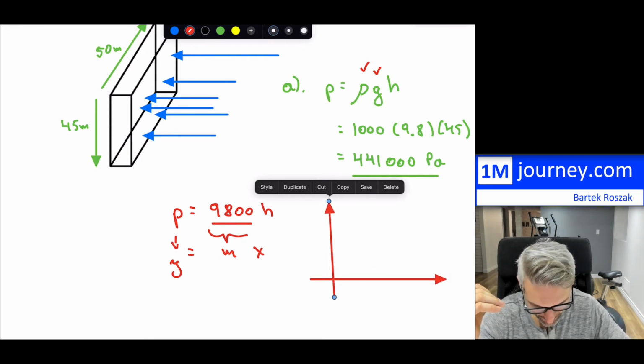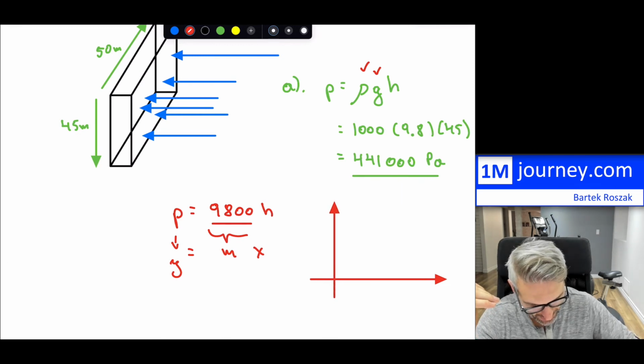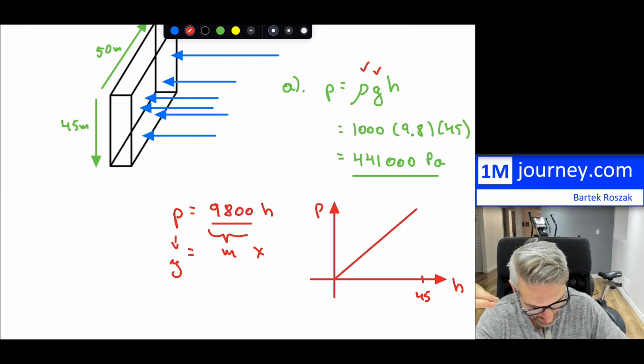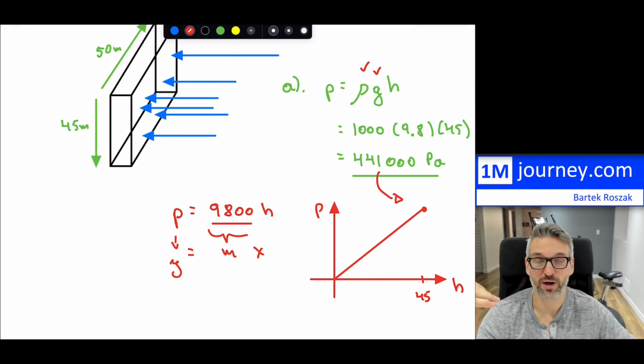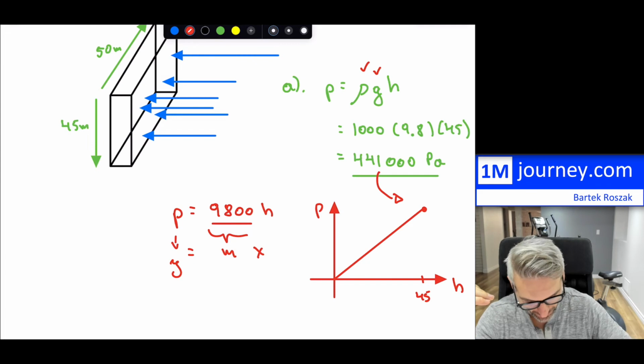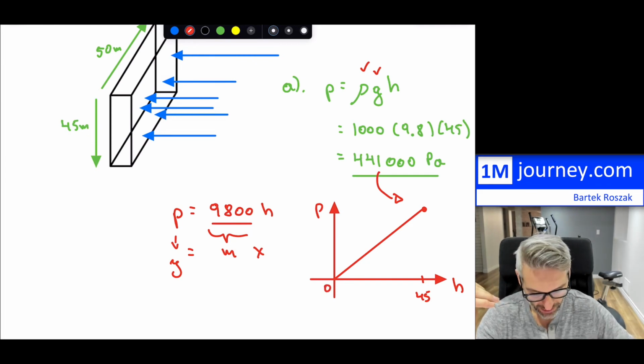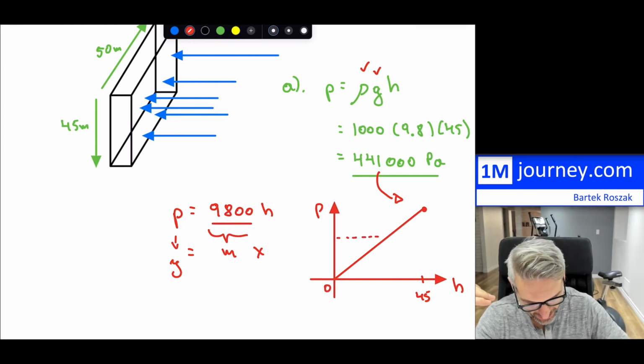So let's put this as the height, as the height continues between 0 and 45. Your pressure P is going to basically do this. And this is the maximum point, which we just found, 441,000. And then this is 0 right at the top. So the average is basically halfway through.